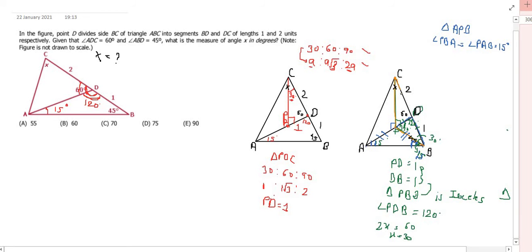Now in triangle CPB, guys, look very carefully. We know that this angle is 30 degrees here, right? This angle is 30 degrees. And we also know this angle is how much? So this is 90 and this is 30.